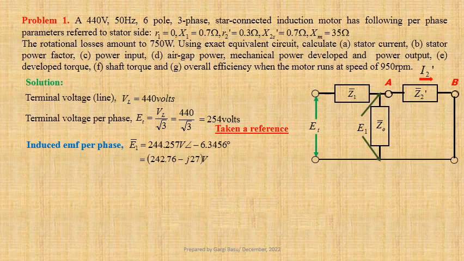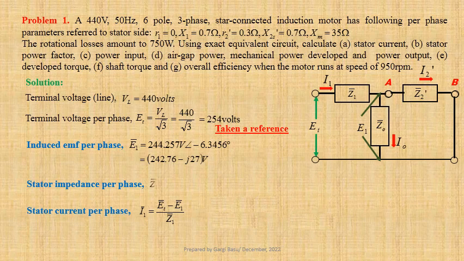Now we shall calculate stator current per phase. I1 equals Et minus E1 divided by Z1. We have obtained stator impedance per phase Z1 equals 0.7 ohm at an angle 90 degree.